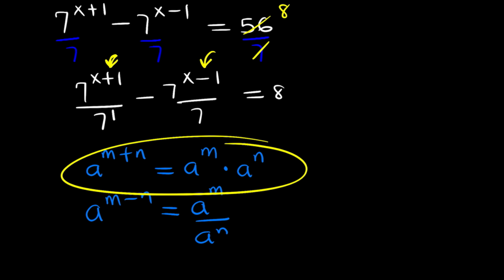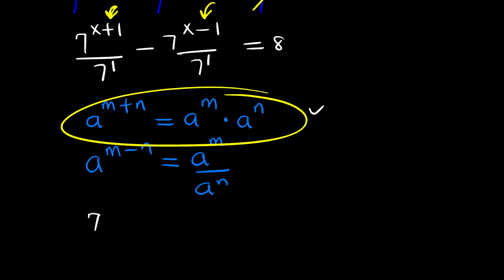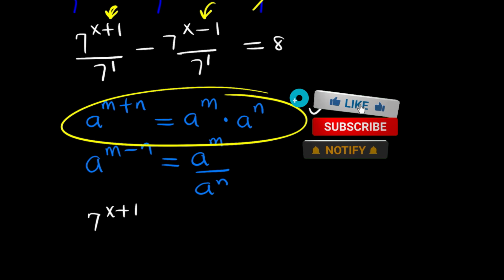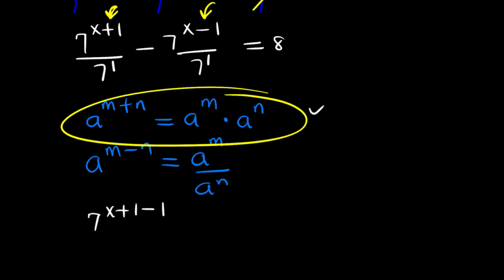This is 7 raised to power 1, 7 raised to power 1. Applying the first law here, this becomes 7 raised to power x plus 1 minus 1 because of the division, and then minus, instead of straight applying the second principle to what we have here, I will split x minus 1 into 7 raised to power x divided by 7 raised to power 1.